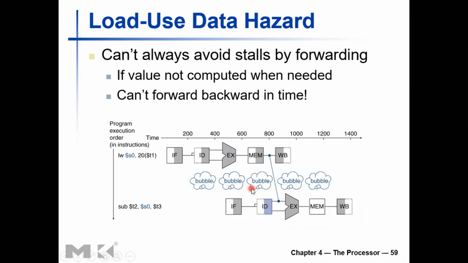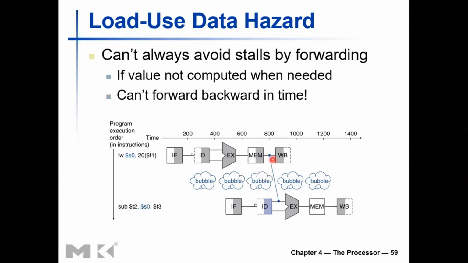For the execution to be done there, the result should be available at least at that time, right? The result for this S0 should be available at least at that point in time. But the result is actually available first at that point in time, still not in the registers, but at the output of the memory. So we can't forward backward in time. That doesn't make sense. That's a paradox.